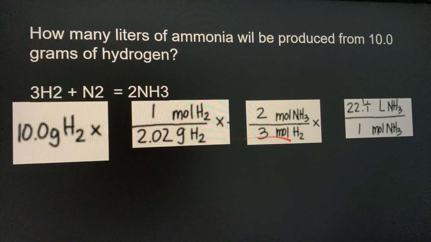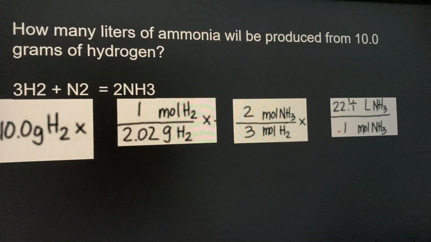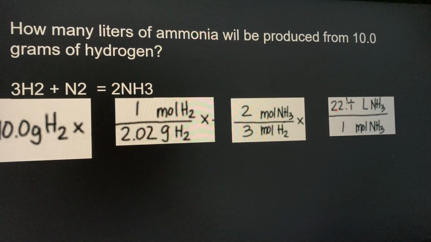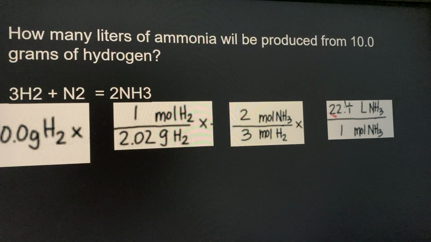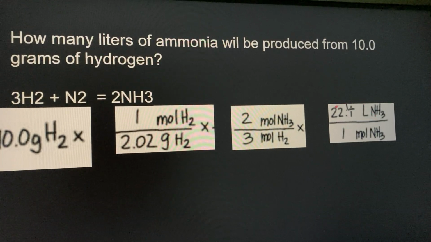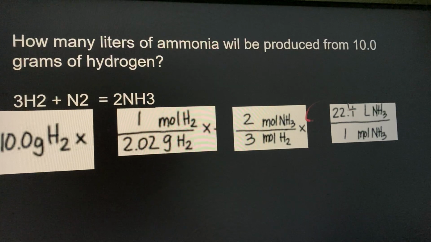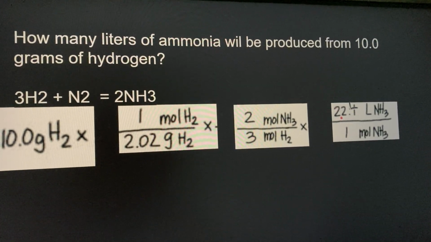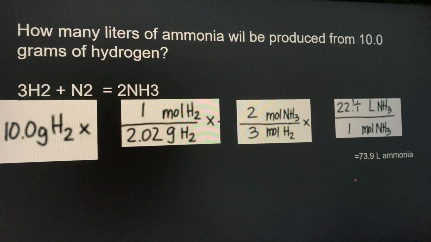That way you get the right labels. At the very end, once you find how many moles of NH3 you're going to have with 10 grams of hydrogen, you multiply by 22.4 liters, meaning for every mole there's 22.4 liters. That'll be an end result of 73.9 liters of ammonia.